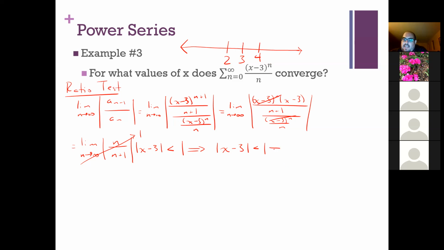So another way to express this, absolute value of x minus 3 is less than 1, is this: x minus 3, not absolute value, is bigger than -1 but less than 1. But now I can solve this 3-branch inequality the way we solve equations. I can just add 3 to not both sides, but all the different branches here. And I get 2 is less than x, which is less than 4, which agrees with the number line that I drew up there.